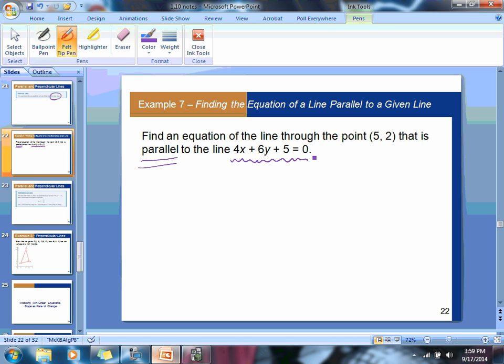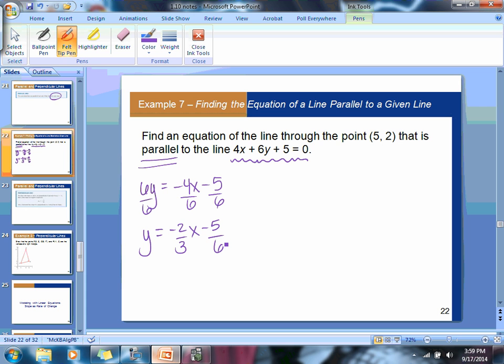So I'm going to start by rewriting the equation in slope-intercept form. So I'm going to solve for y. So I'll have my 6y, and then I'll subtract the 4x over and subtract the 5 over. And then I'm going to divide everything by 6. So I'm going to get negative 2/3 x minus 5/6.